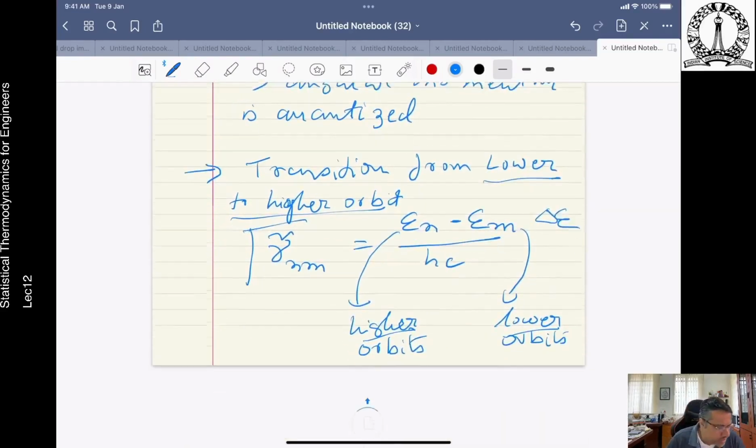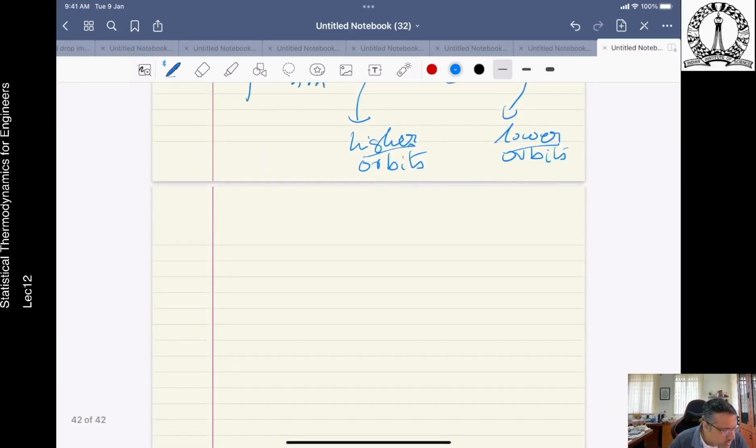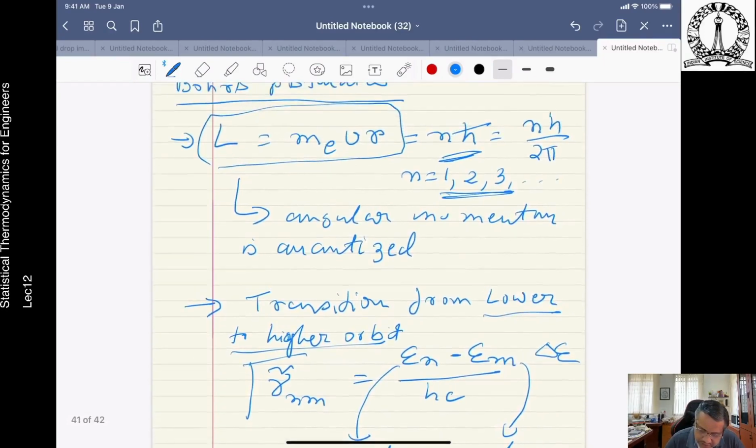what will be the form for v? So let's look at v. Therefore, v is equal to n h bar divided by m_e into r. Okay, because of the quantization, from the quantization we can say v is equal to n h bar by m_e r.